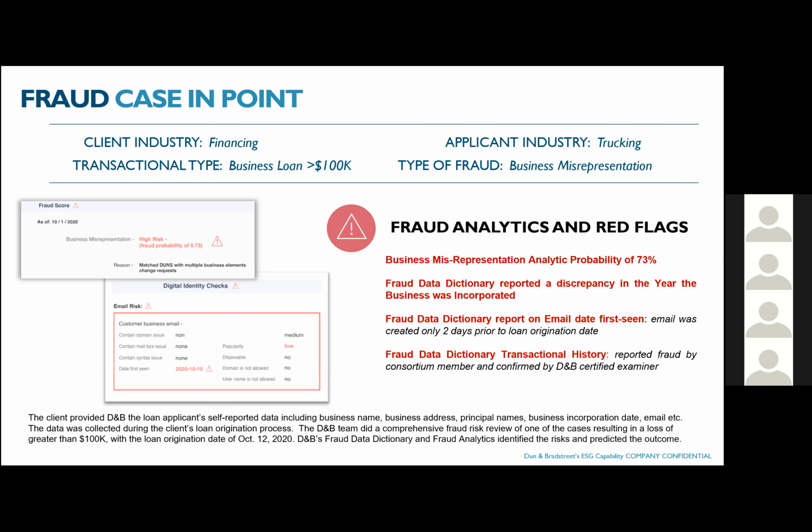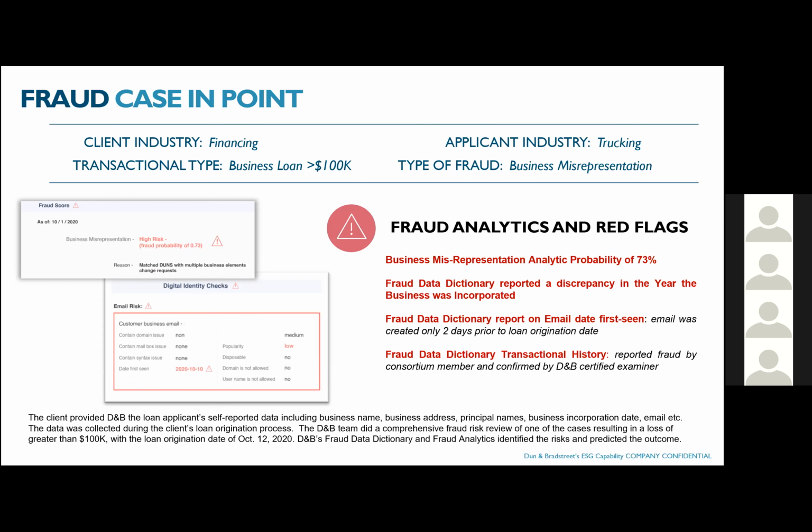Here we have a case in point from a recent customer case we have seen. This client recently experienced over 100K fraud loss due to this one case. So we went on to see what we would have been able to discover at or around the loan origination date. And the result is compelling.